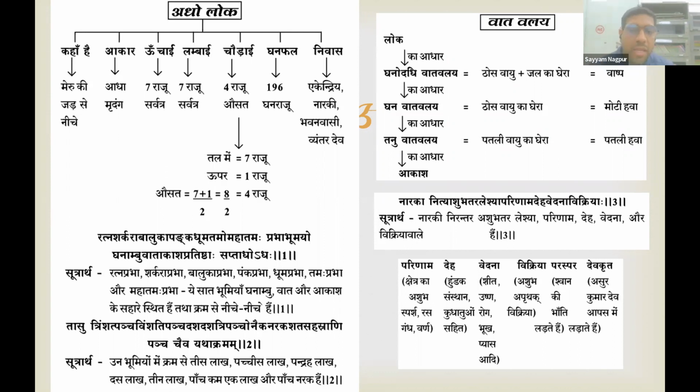Next, the feelings that they have, parinam, that is also not very good. So the color of their area, the location, everything is quite black only. So it seems a very black lump of area where everything seems to be very negative.